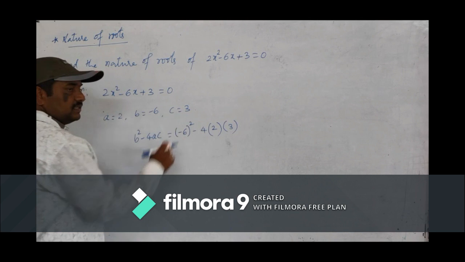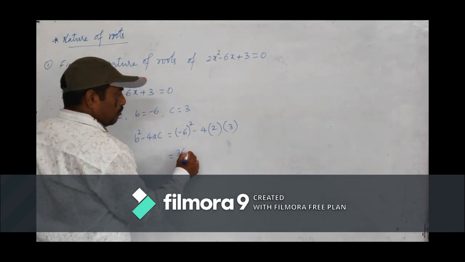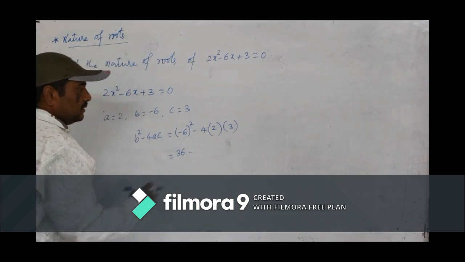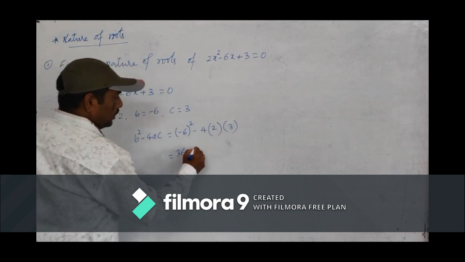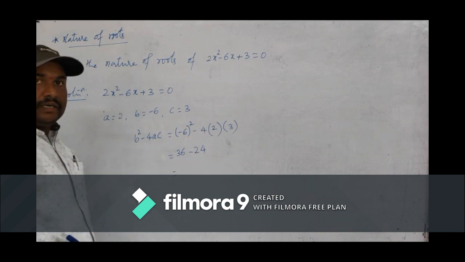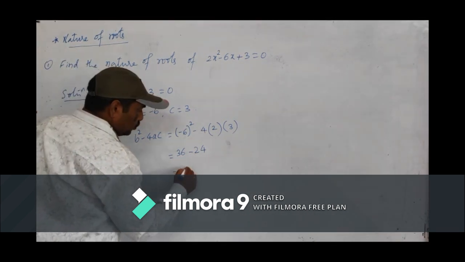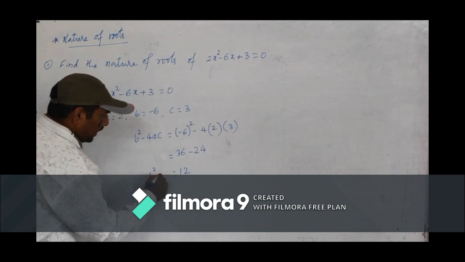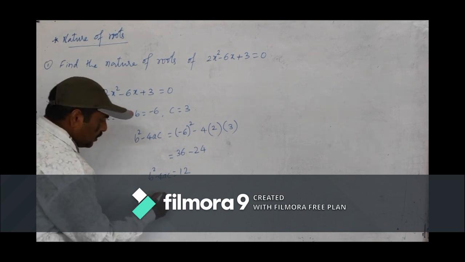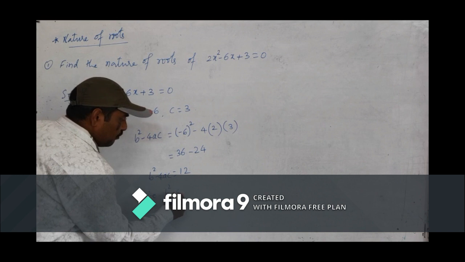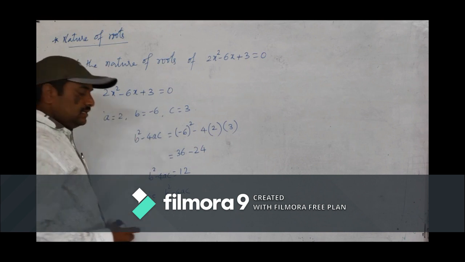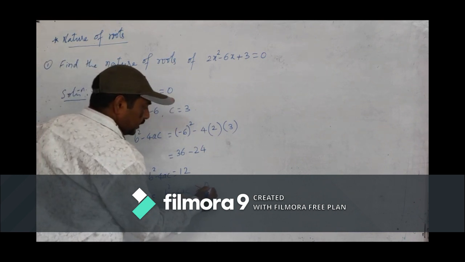Minus 6 square is 36, minus 4 2s are 8, 8 3s are 24. 36 minus 24 is 12. b square minus 4ac is equal to 12, which is greater than 0.